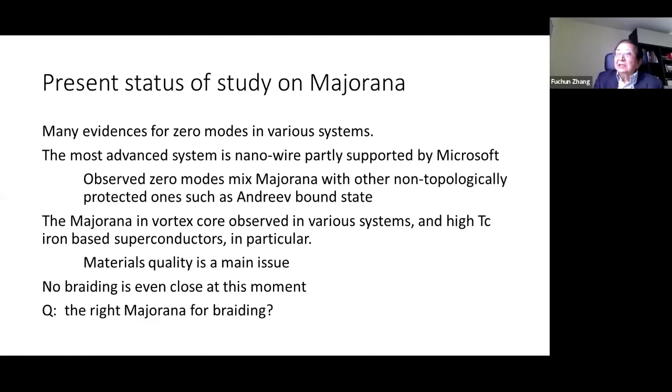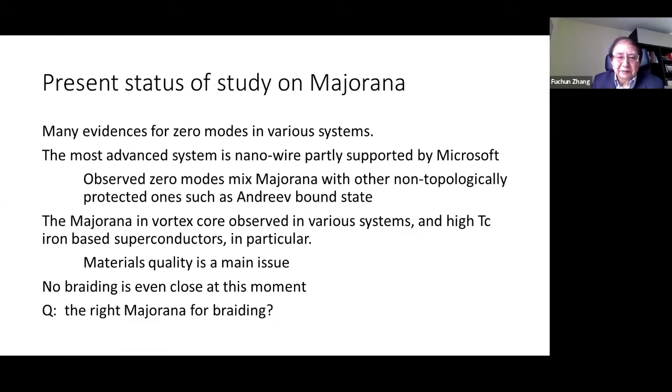Well, I have not worked on that problem, but there are activities on it. One person who returned to Tsinghua University studied the disorder effect, and the response to disorder can be different for a Majorana zero mode and an Andreev bound state.